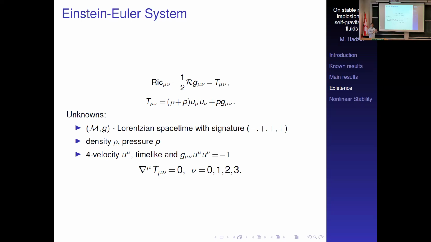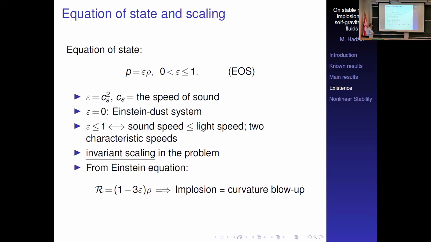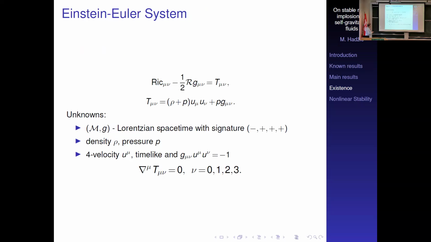If you are coming more from a fluids background, and you're wondering where the fluid equations disappeared, they're encoded in these Bianchi identities here. They tell you that there are 4 propagation equations, which loosely speaking correspond to the 4 equations that we saw earlier for the Newtonian self-gravitating fluid.